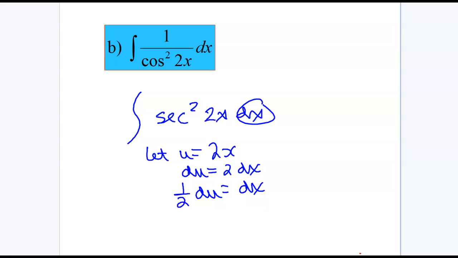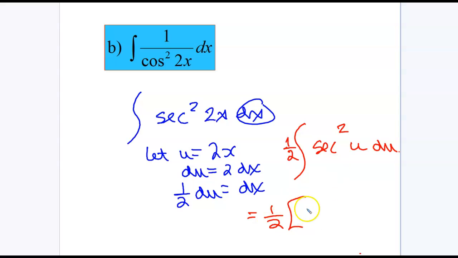So now I can integrate. So this is going to be secant, in place of 2x, I'm putting u, and in place of dx, put in the 1/2 du. So this is going to be 1/2. The integral of that is going to be tangent u plus a constant. So it's going to be 1/2 tangent of 2x plus a constant. And that would be your final answer.